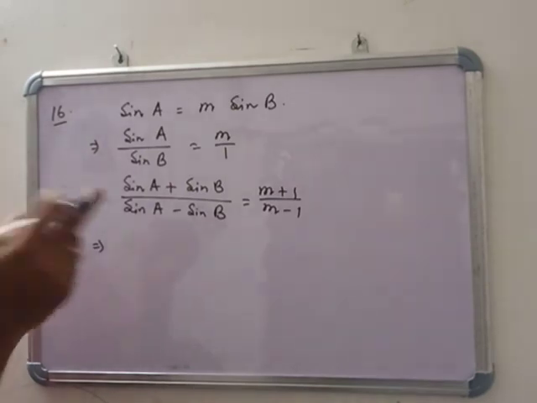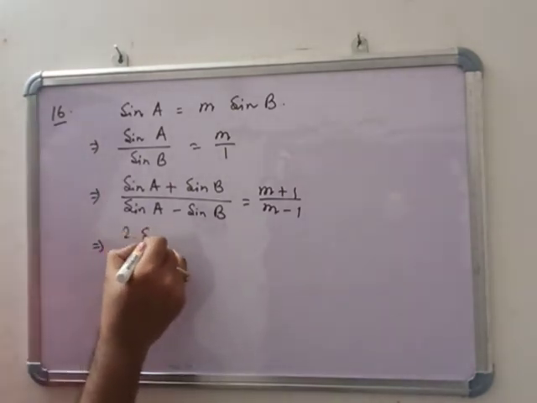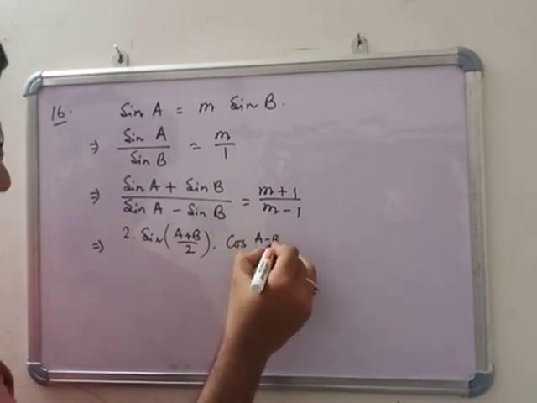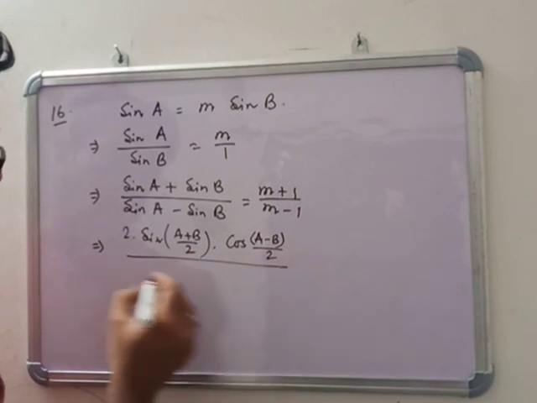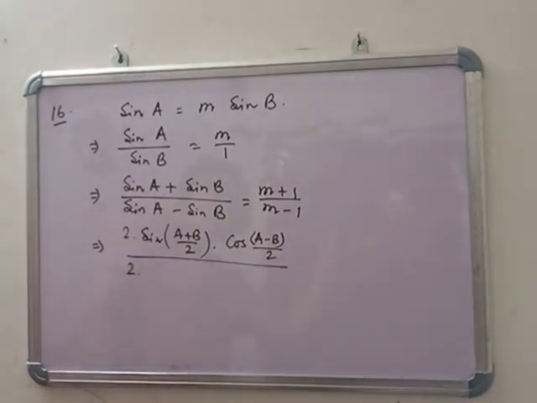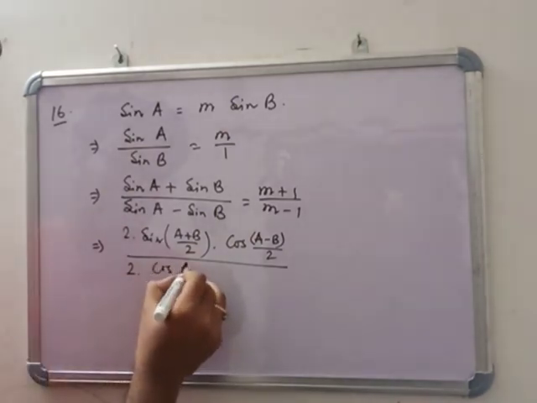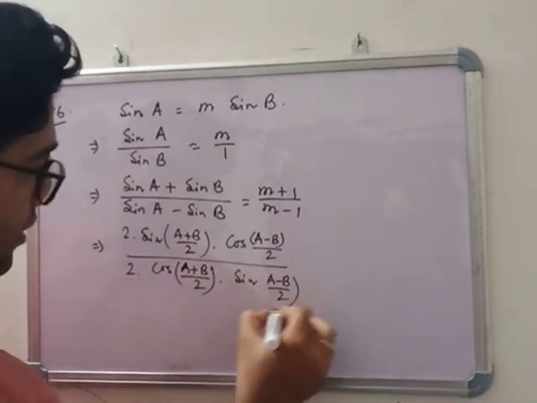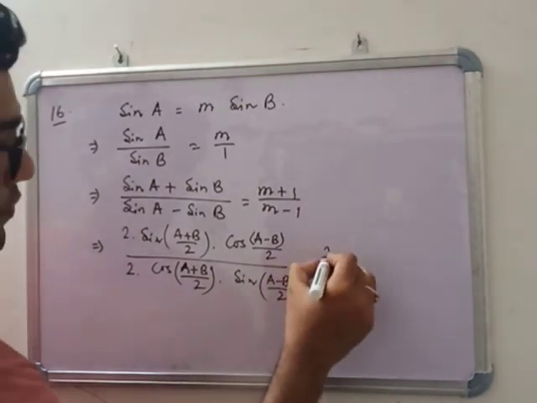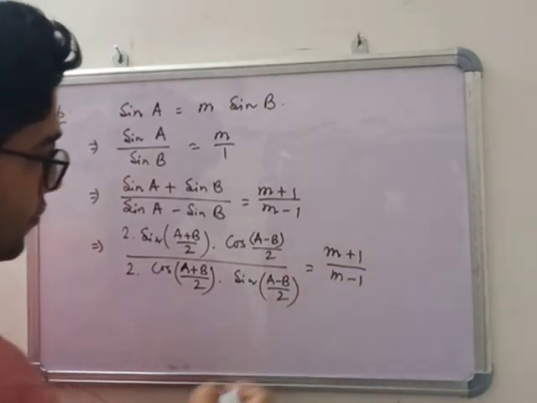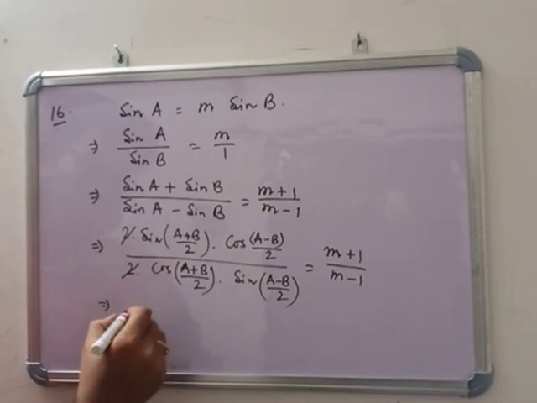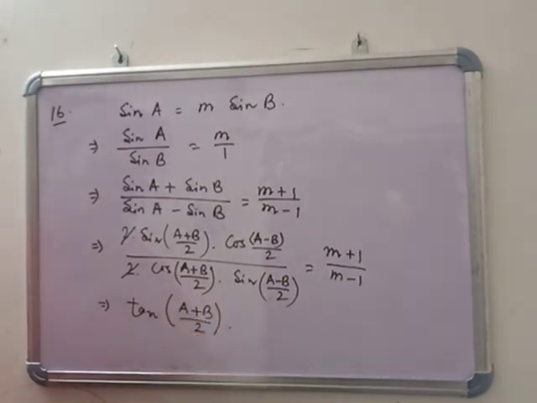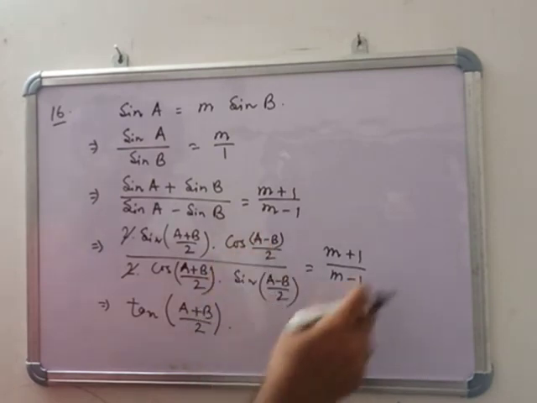So that means sine of A plus sine of B, that means 2 sine A plus B by 2 into cos A minus B by 2 by 2 cos A plus B by 2 into sine A minus B by 2 equals to m plus 1 by m minus 1. 2 to cancel, so we can write here this by this equals to tan. So tan A plus B by 2 into, this is cot, in this side this is tan.